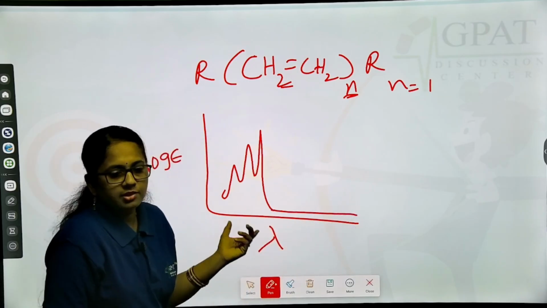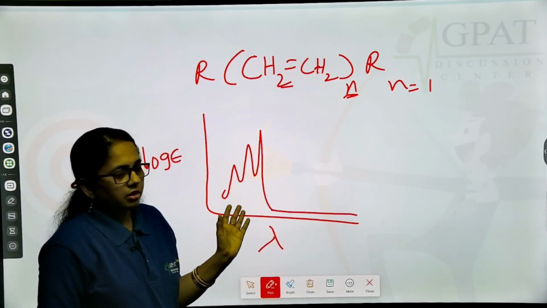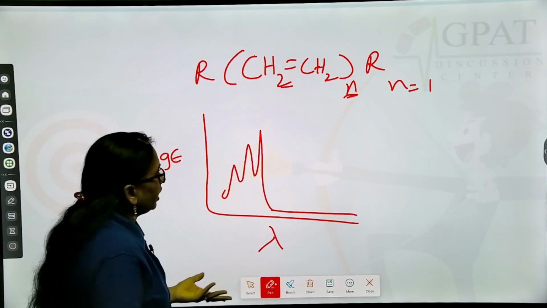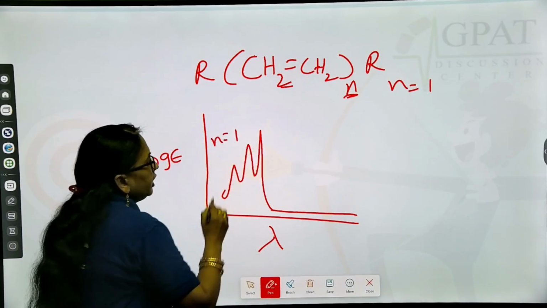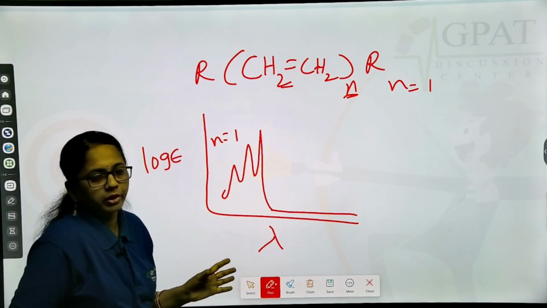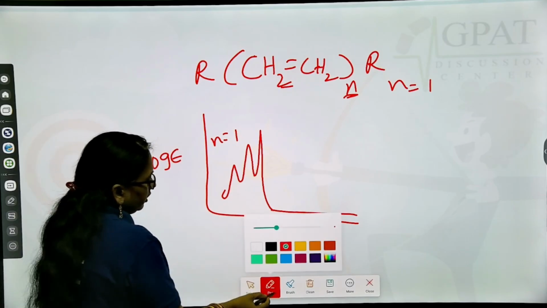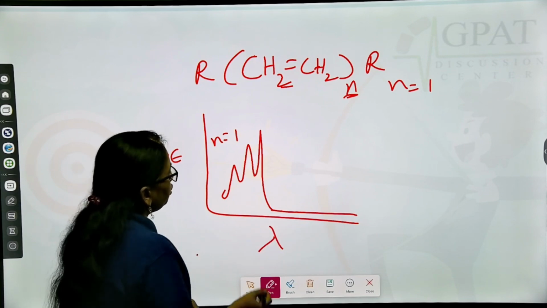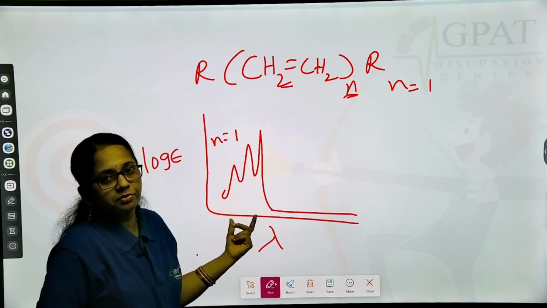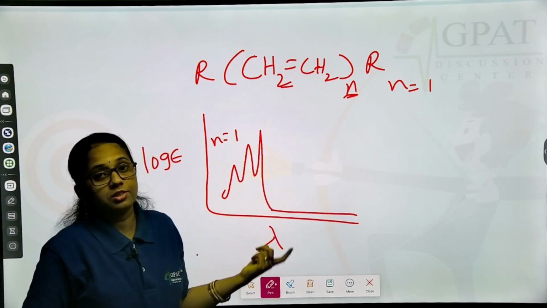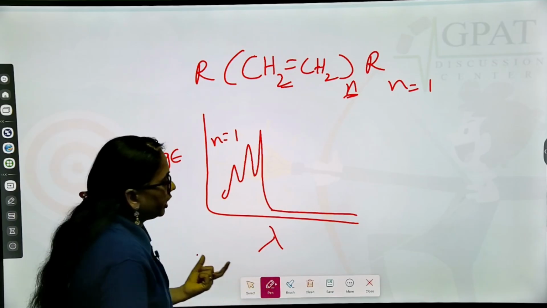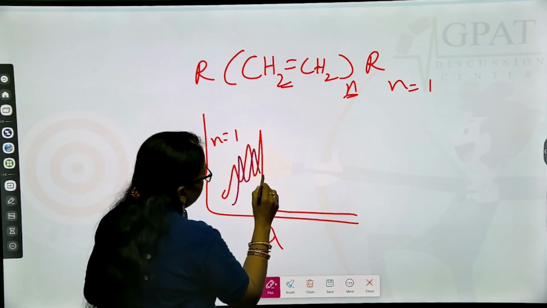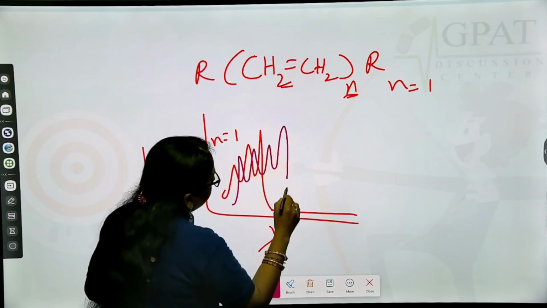In this case, from other tests you have already concluded that one ethylenic bond has been confirmed. But with increasing rings, increasing conjugation, you may see the shifting of the lambda max towards the longer wavelength also. Thereby sometimes you are going to see the conjugation level increase like this.